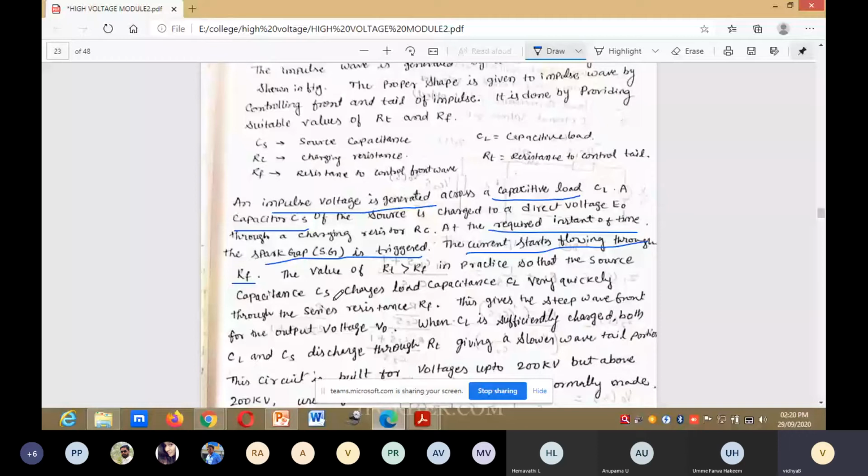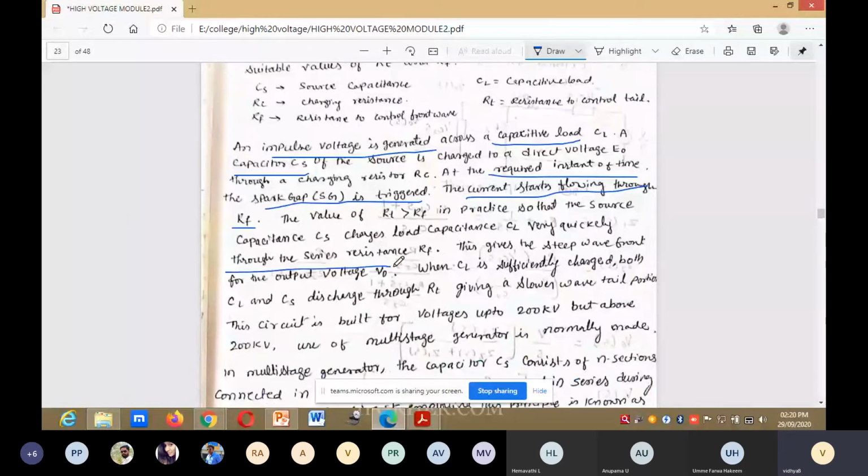What are they saying? The value of RT is greater than RF, so the source capacitance charges the load capacitance very quickly, even though the series resistance RF is there.